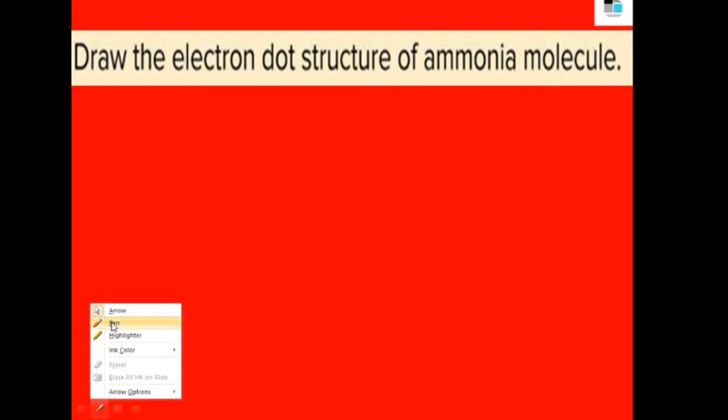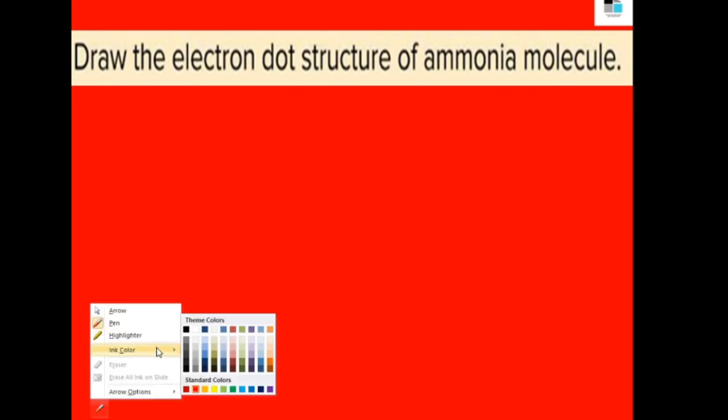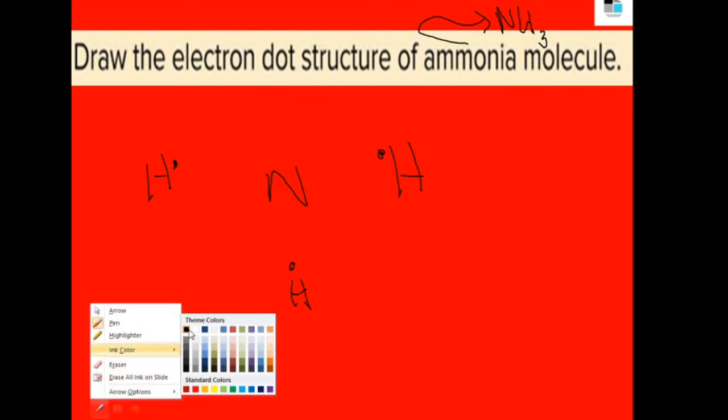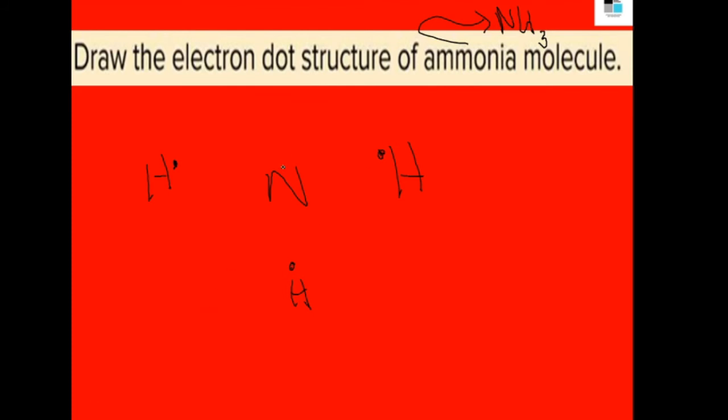As I told you, the first step we have to follow is to write its formula whenever compounds are given. So you will write the formula NH3. Now we have 1 nitrogen and 3 hydrogen, right? We know that 1 hydrogen has 1 electron in its outermost shell, so each of them would have 1 electron, and the nitrogen would have 5 electrons in its outermost shell.